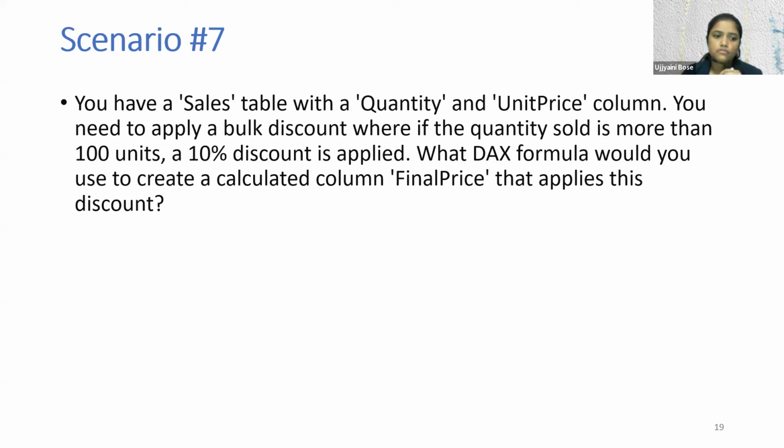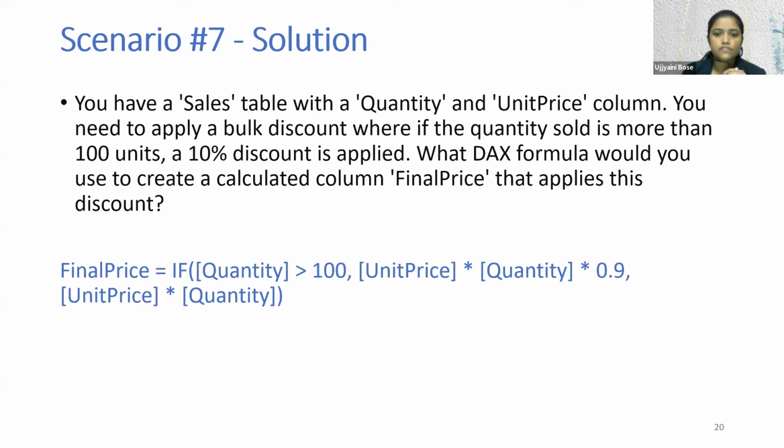So do an IF function, and we say the quantity column greater than 100. So if that is met, then we will comma, then 0.9 into quantity into unit price, comma, or else just quantity into unit price. Correct.